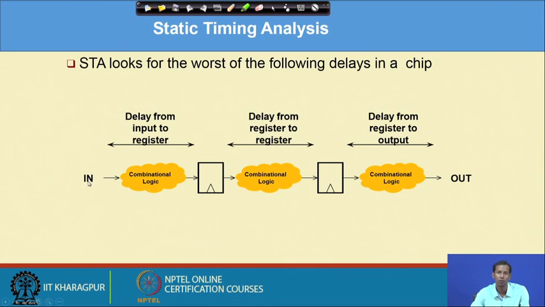This is the delay from input to the register, happening because of the combinational logic. Then the delay from register to register, and delays from register to the output, which again passes through another combinational logic.